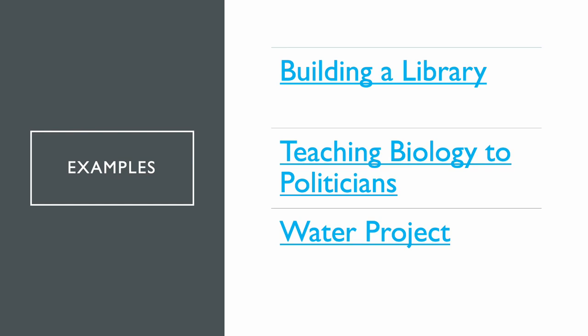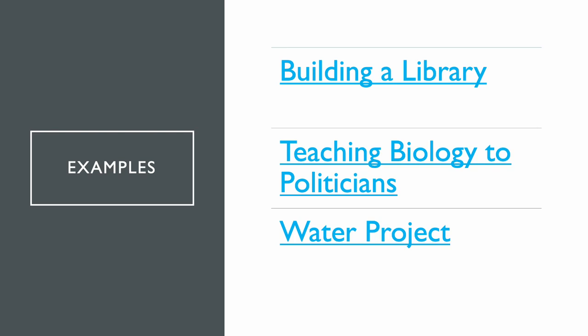These are some examples of lessons. These are hyperlinked and they're also in the Google Classroom, some place-based education lesson plans. One is building a library. In this example, a school was moving to a new building and they wanted to build a library within their new building.